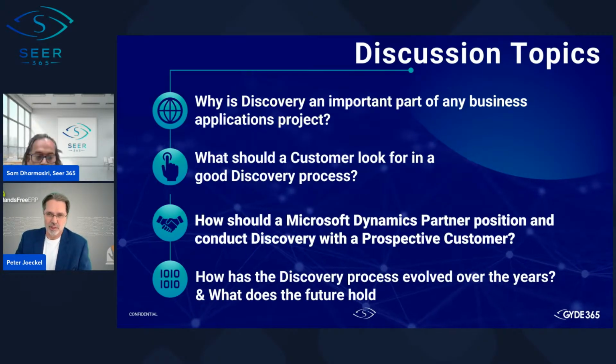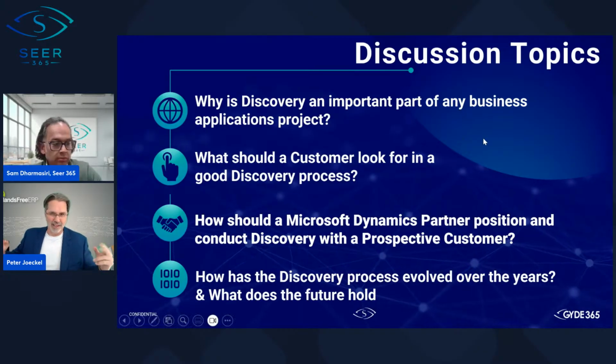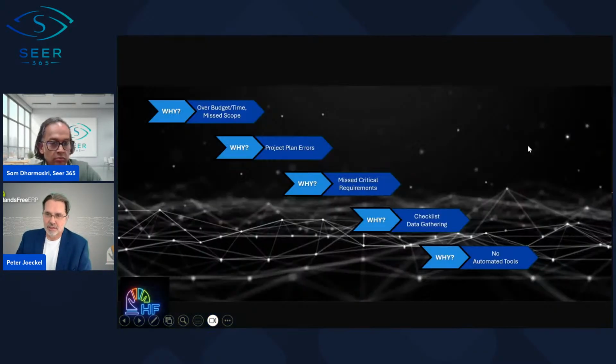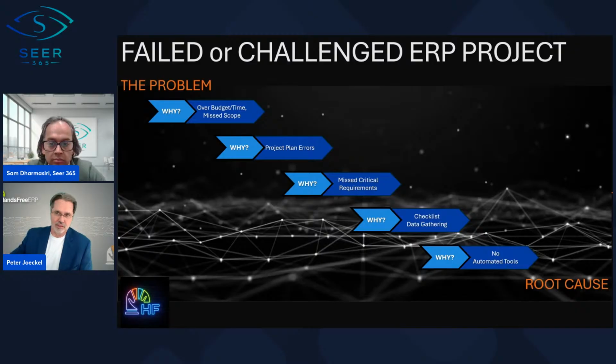And when you start drilling down into why there is so much failure and challenges in our industry, what I eventually did is this 5 whys methodology, to try to drill down into the root cause of why there are so many problems in projects.